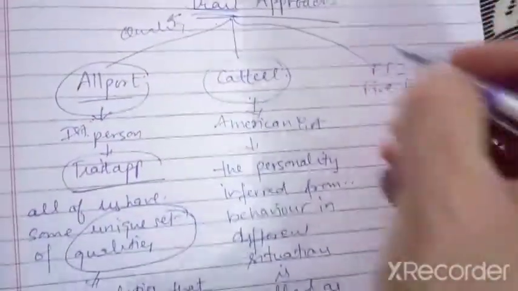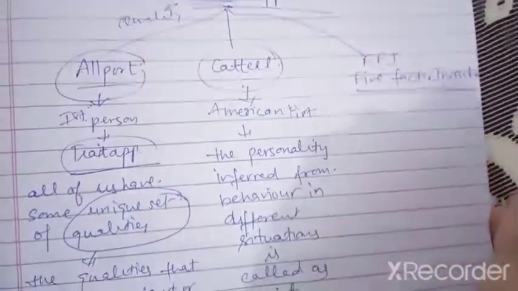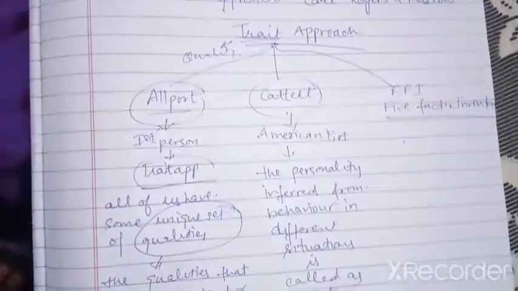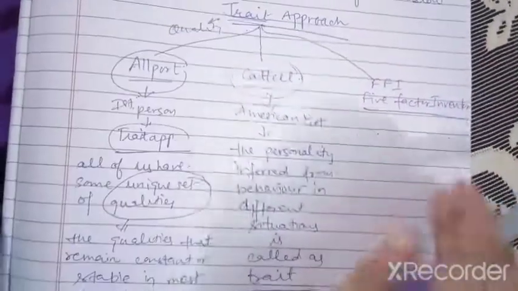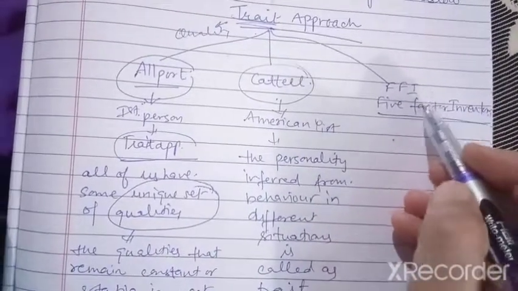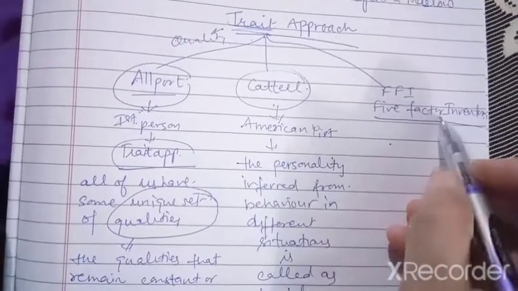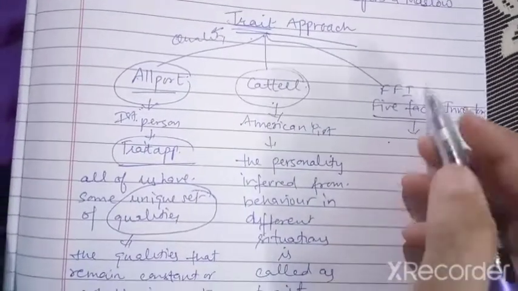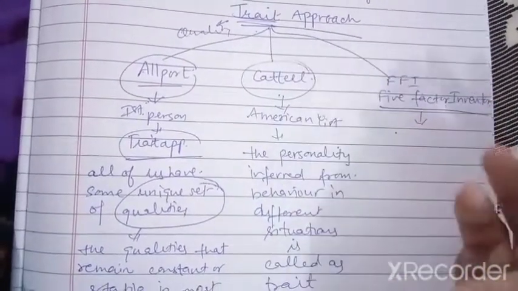Now the last trait approach is the five factor inventory. Five factor inventory, basically FFI, is a test to assess personality. Let me tell you about this FFI in story form.